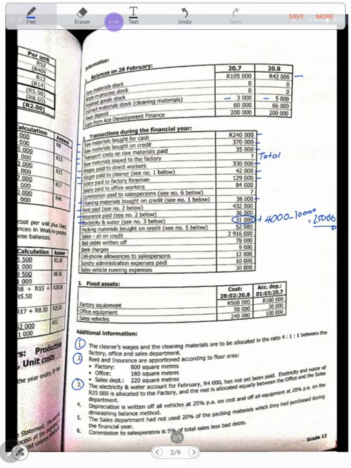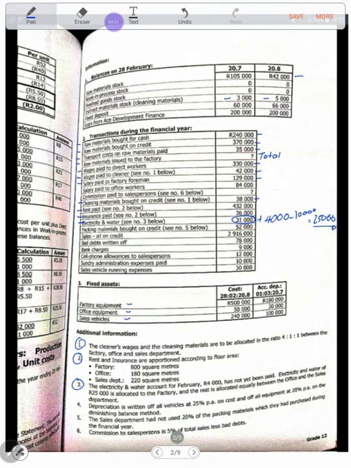Depreciation is written off all vehicles at 25% on cost and all equipment at 20% on the diminishing balance method. So we have factory equipment, office equipment, and sales vehicles. Remember, we are in factory overheads. I'm only interested in the actual factory. So the cost is 500,000 and our accumulated depreciation is 180.